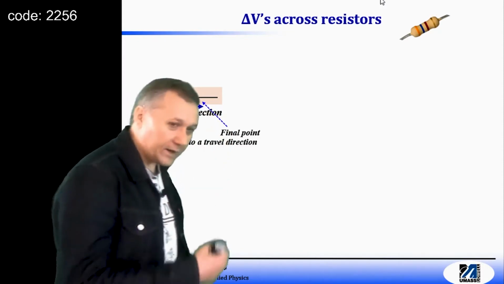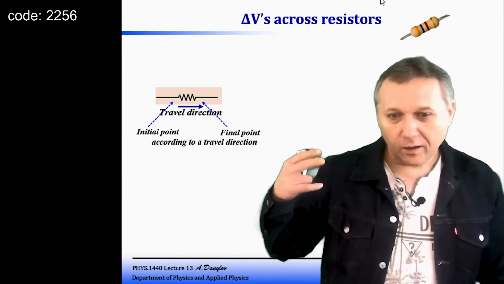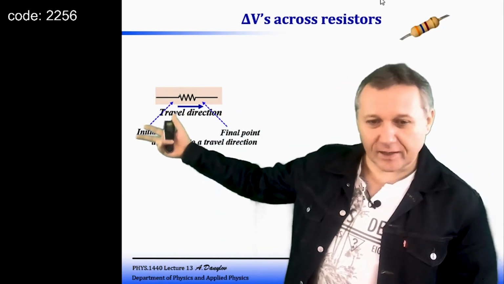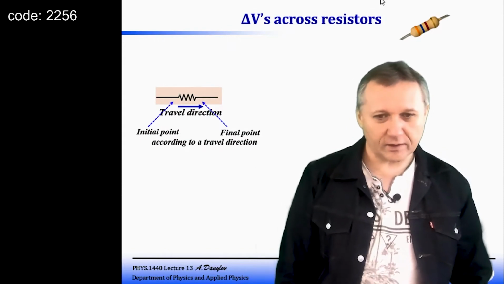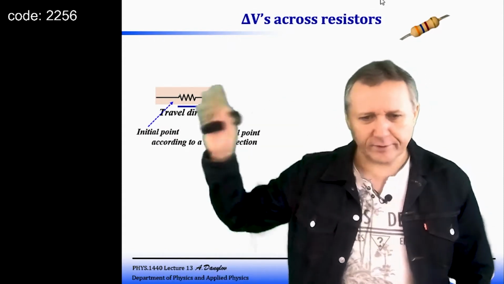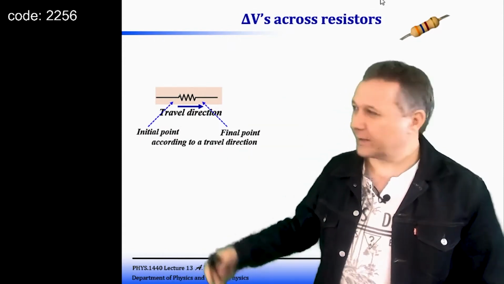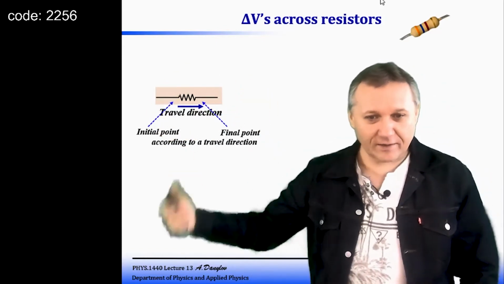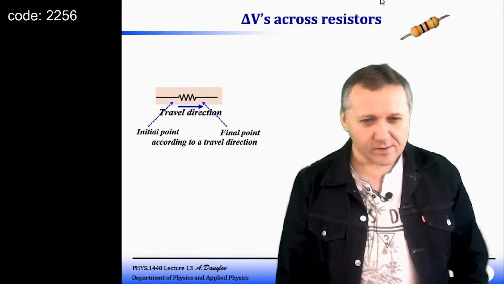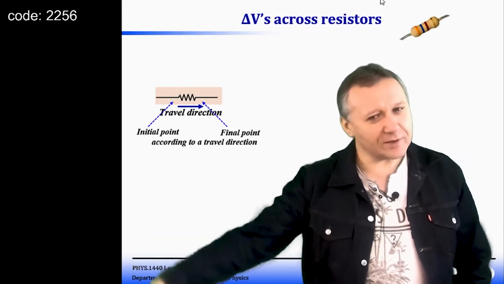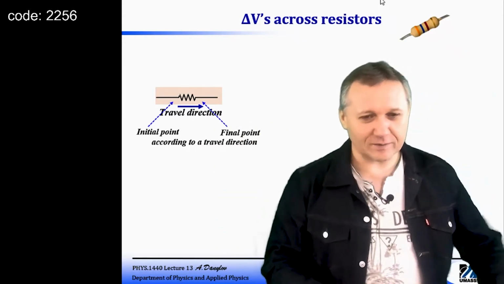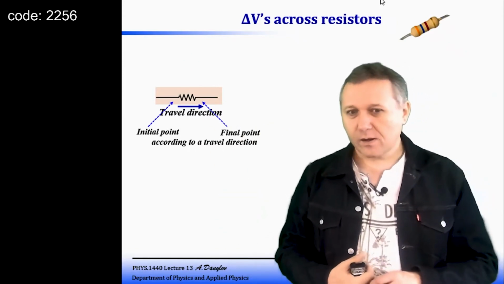And now if I ask you, do we know which side of the resistor is at higher electric potential, and which side is at lower? Sometimes students give me a direct answer: this point is at higher potential, that point is at lower potential.